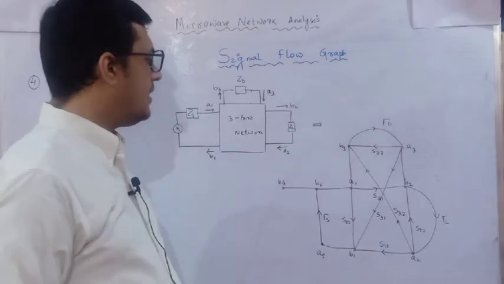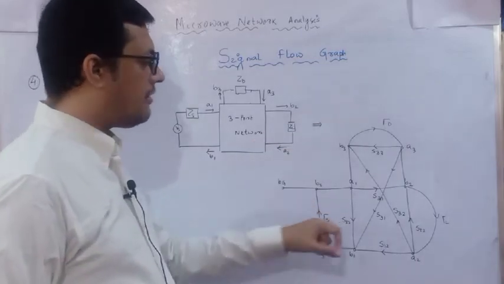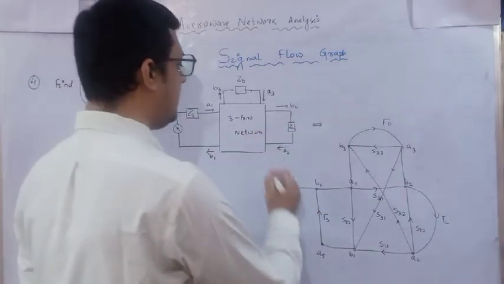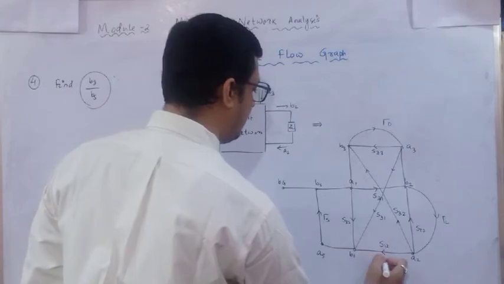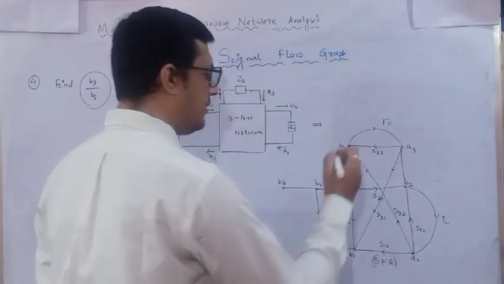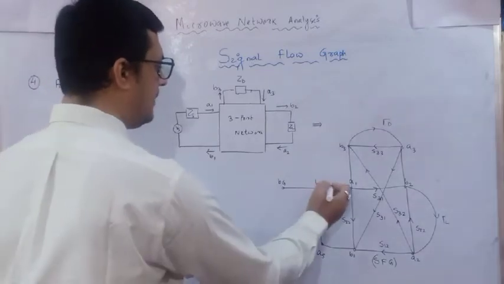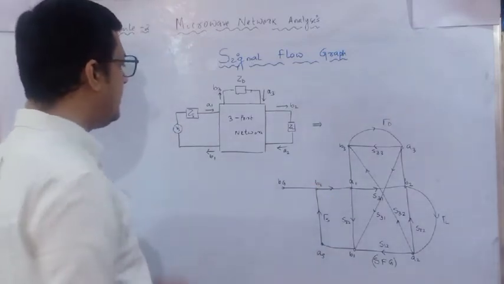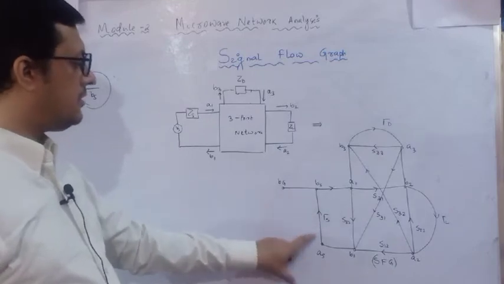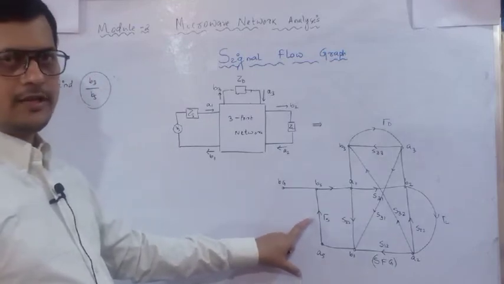Now for simplicity I have drawn the signal flow graph for this 3-port network. This is the SFG for the 3-port network through which we can identify all the scattering parameters. Since this is a source, for the source I have used reflection coefficient rho s.